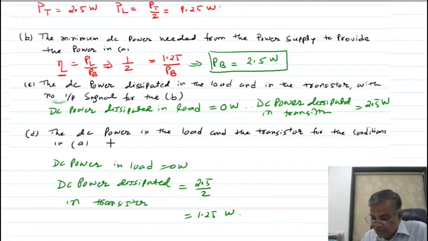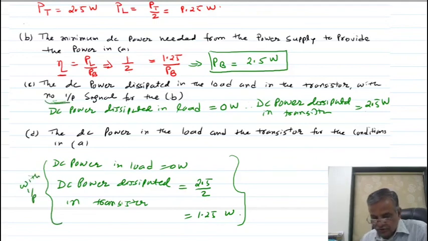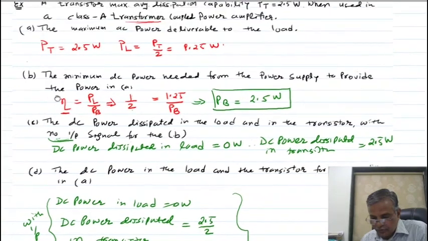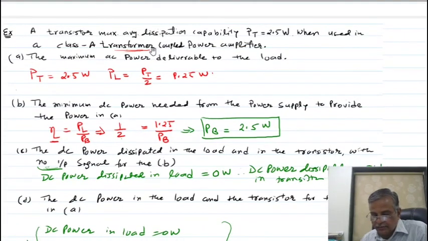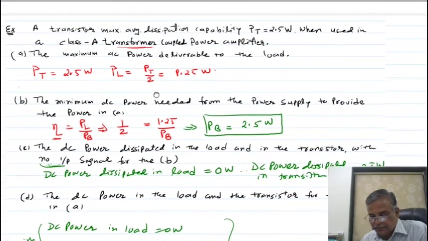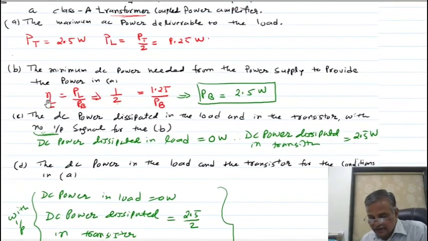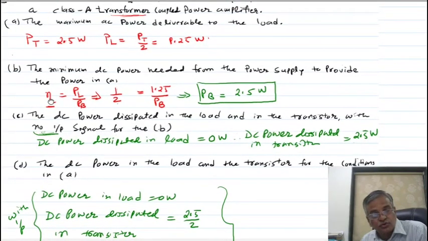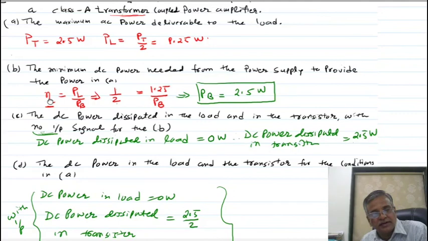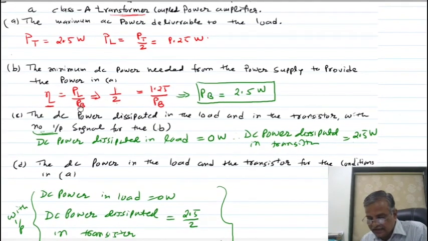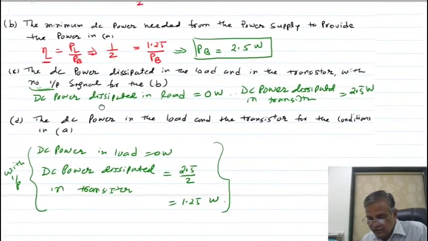This is the case with input. This numerical I am giving you in brief. In a transformer coupled amplifier, PT is given, so PL is PT by 2. Efficiency is not given, but you should know the efficiency of a transformer coupled amplifier is 50%. So again I can write how much PB is required.